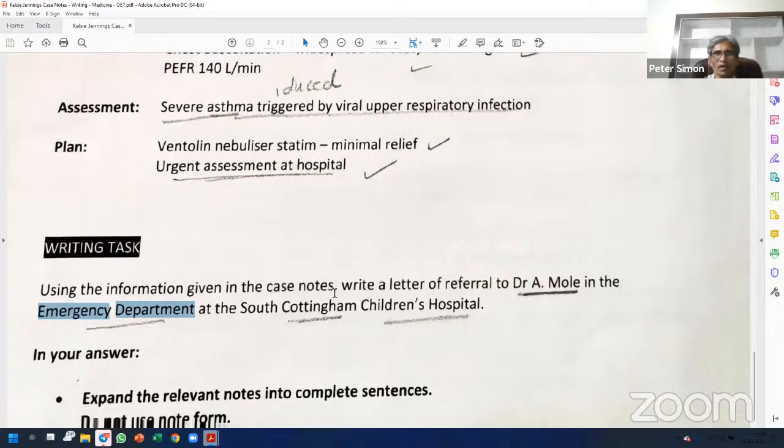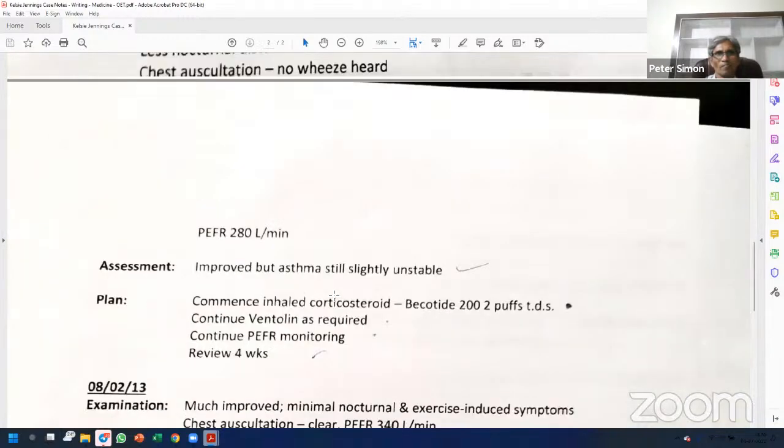Using the information given, write a letter of reference to Dr. A. Mole in the emergency department at the South Cottingham Children's Hospital. So this is a children's specialist, Dr. A. Mole. Emergency department, so this is a child.